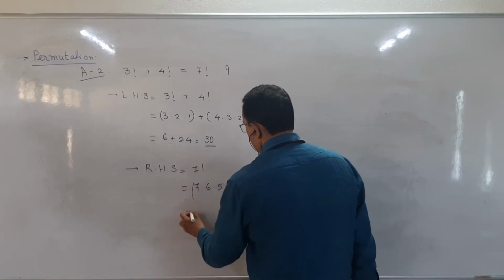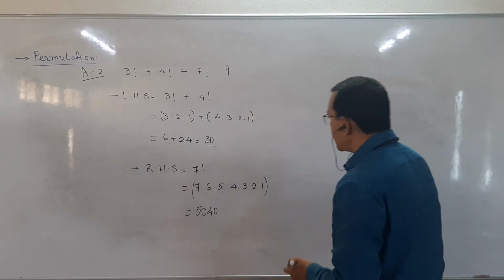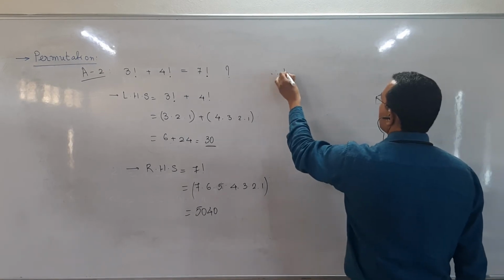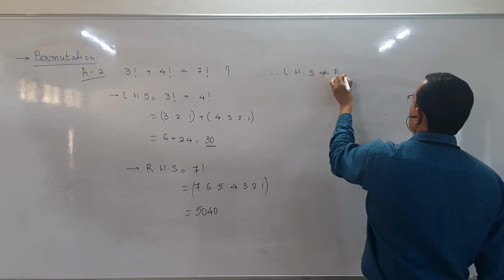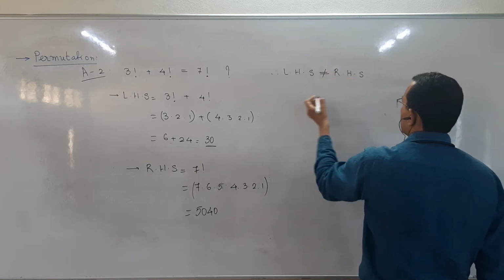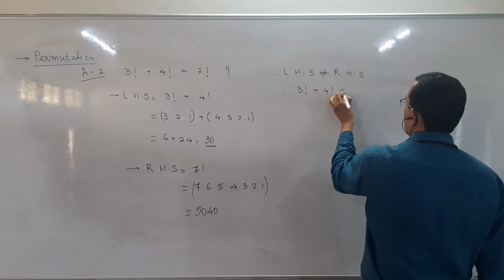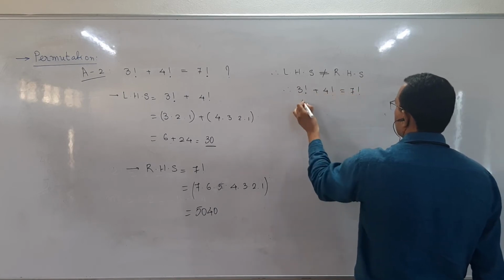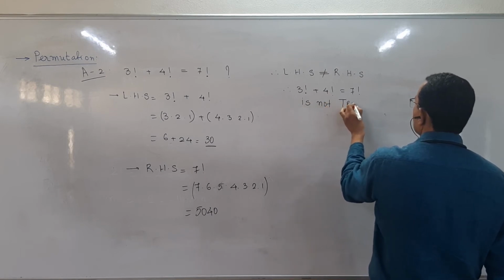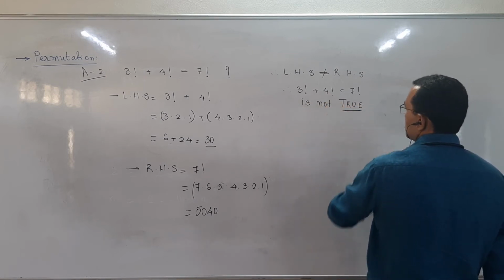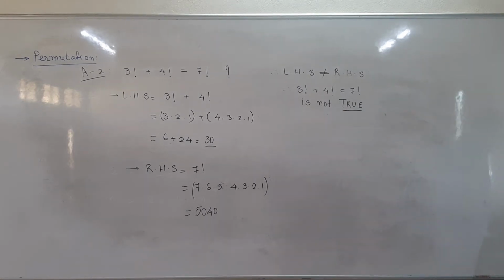And this is 5040. Multiply and check. So definitely, students, LHS is not equal to RHS. Therefore 3 factorial plus 4 factorial is equal to 7 factorial is not true. That's all, students. This much only we have to do.